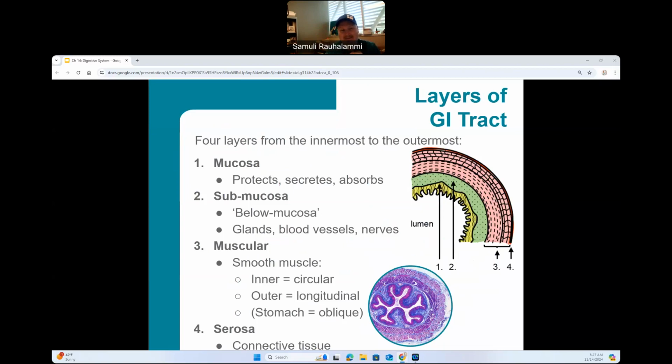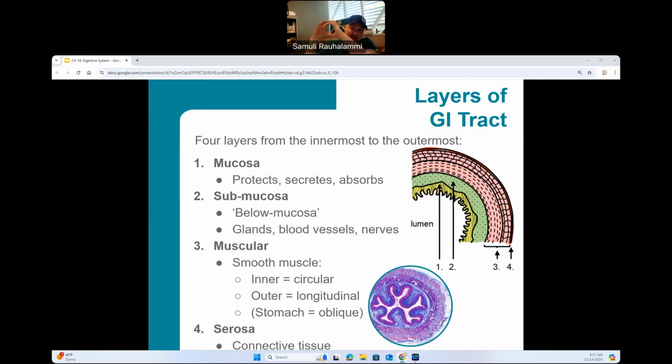The third layer, moving further out, is actually made of sublayers, and this is our muscular layer. This is made of smooth muscle layers, and the fiber orientation of these layers varies. The innermost fibers are circular fibers, so they really surround the digestive tract.